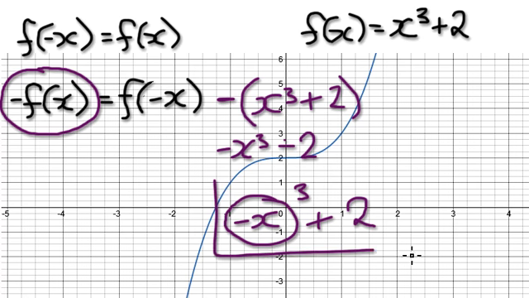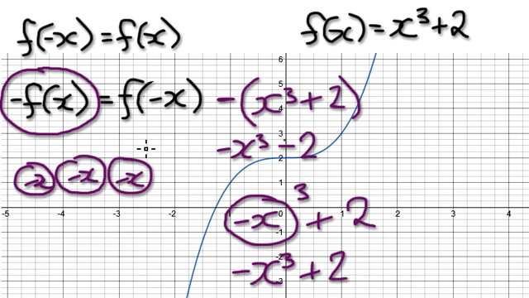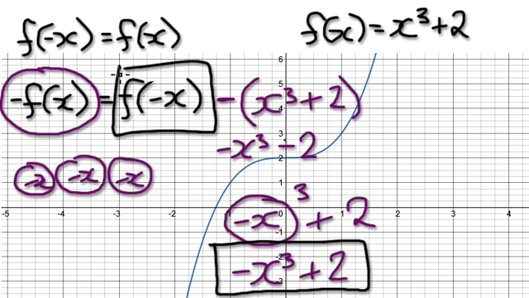Let's tidy this up. This will be minus x times minus x times minus x, so the whole thing will be negative x to the power of 3. And then plus 2. So applying this transformation gives us this.